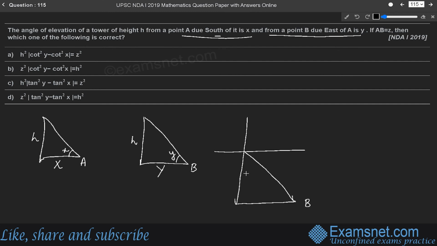This is B, this is O, this is X, Y, A, and this will be Z. And this is the angle of elevation, which is Y. I hope this diagram is clear to you. And this is the point A, which is very important for this question.